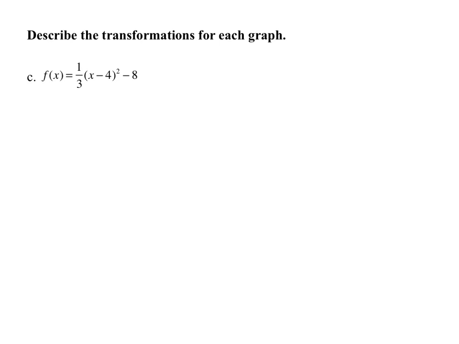Another example, again, left to right, we look at the a value. We notice that it's a positive a, so it's going to open upward. But because of the 1/3, which is a fraction between 0 and 1, this parabola is going to be wider than the parent.